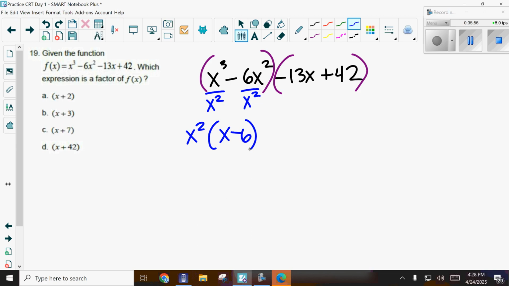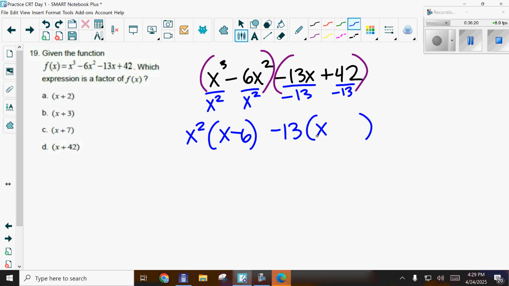Then I'm going to do the same thing on the other side, but that minus has to go at the bottom. Whatever sign is right there in that second parentheses, got to go on the bottom. The GCF between 13 and 42 is 13. So this would be minus 13 parentheses x. Hang on a second.